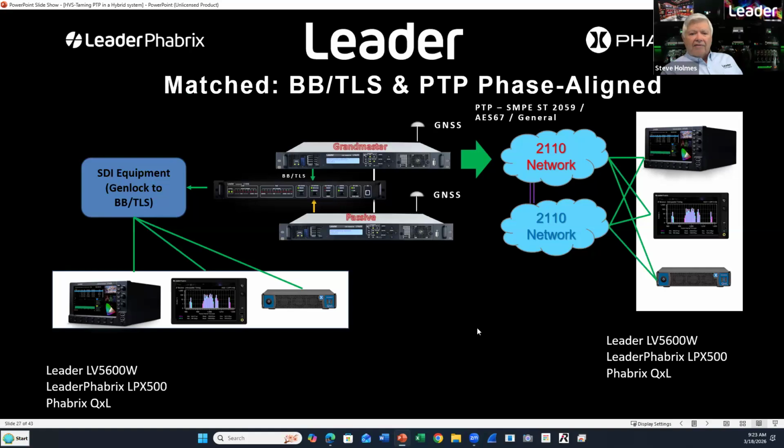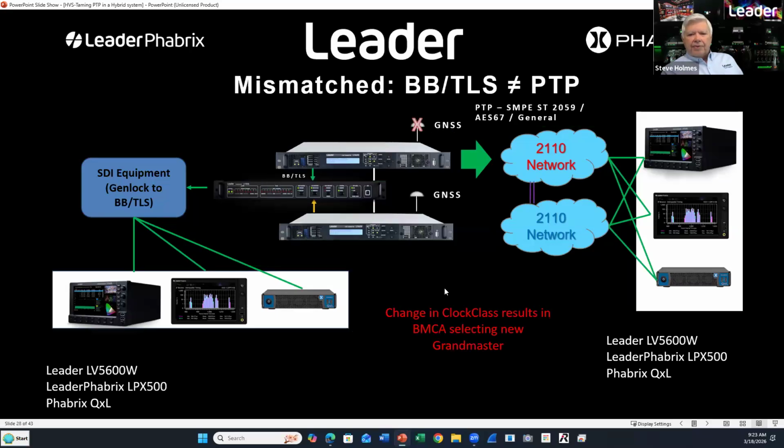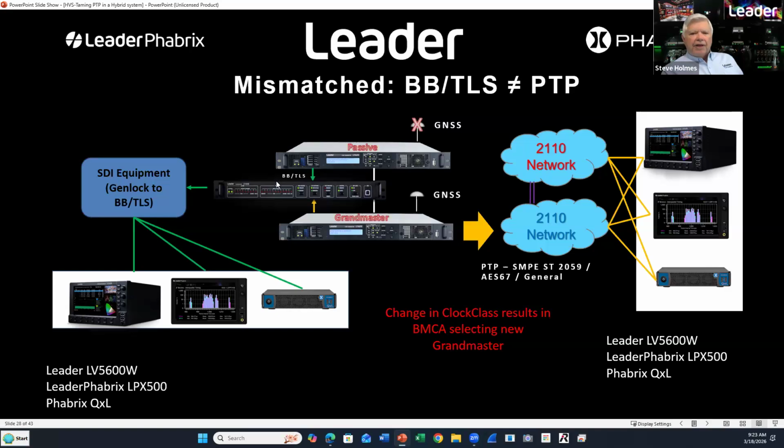So if I have an error that happens and I lose GPS up here, I'm still going to be feeding this ECO from that generator because nothing has happened to his black or test patterns. So the ECO sees absolutely nothing.